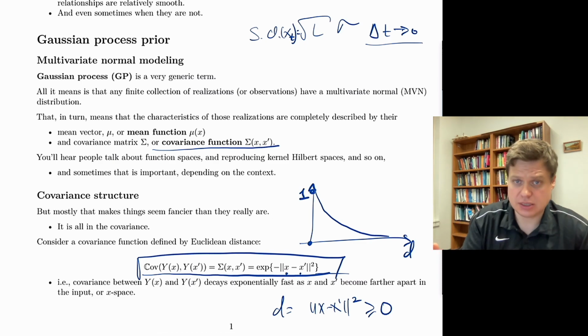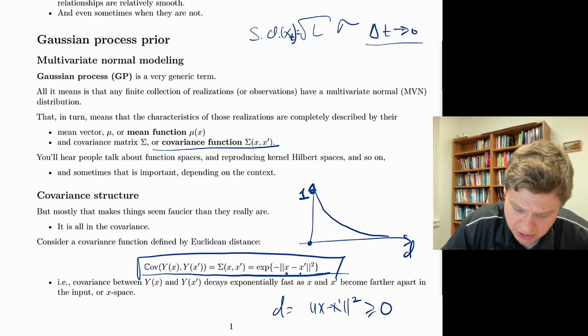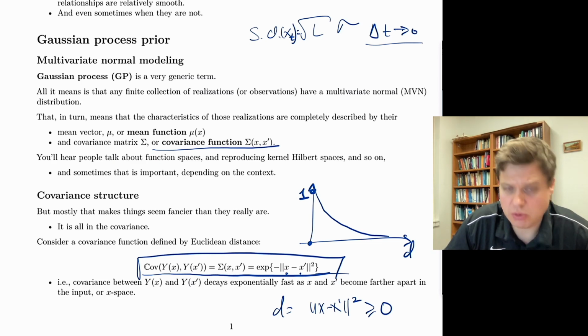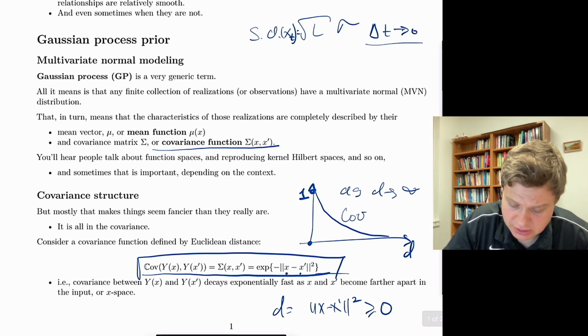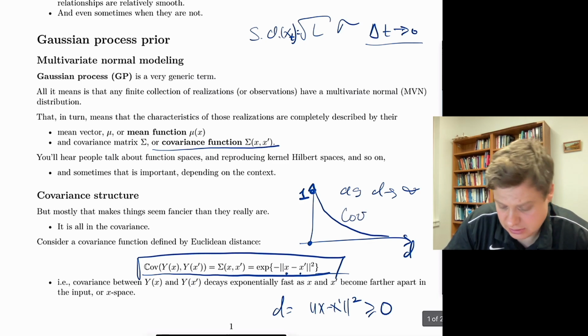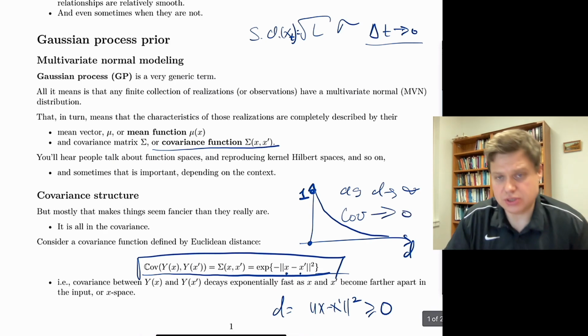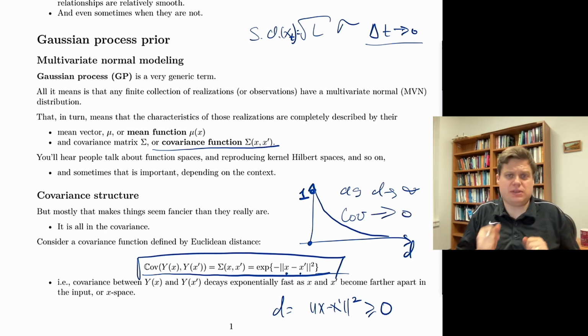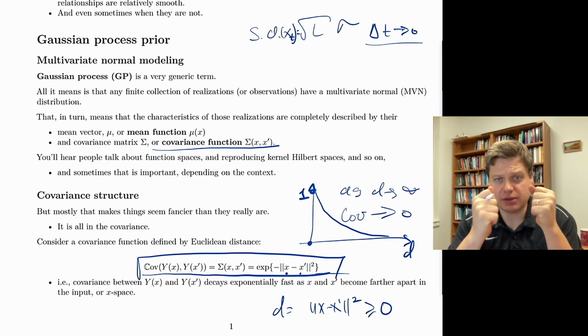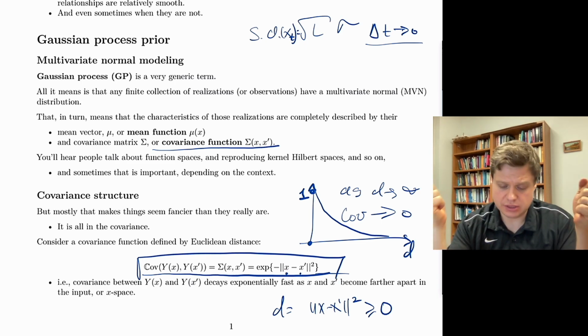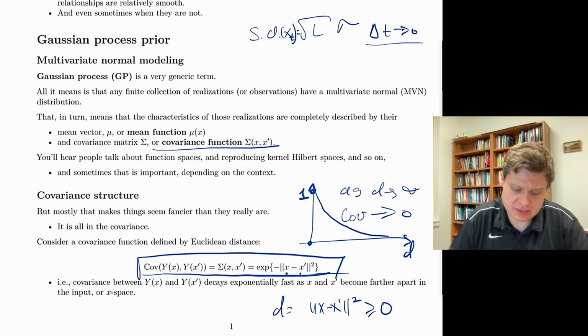And as distance increases, as it becomes larger and larger, the covariance becomes smaller and smaller, and so basically as distance goes up, the covariance between 2 points that are far apart goes to 0. Okay, so that's the property that we want. The closer the points are to each other, the more they are related, the higher the covariance is, and the further they are away, the weaker the covariance is. So it looks like it fits what we need.